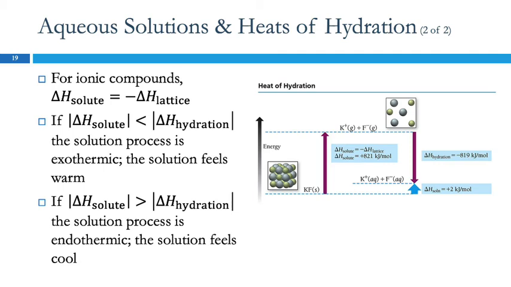It's doing the opposite reaction. So now we can just compare essentially the lattice energy and the heat of hydration, and the relative strengths of those are going to affect whether when you make the solution it feels warm or it feels cold.